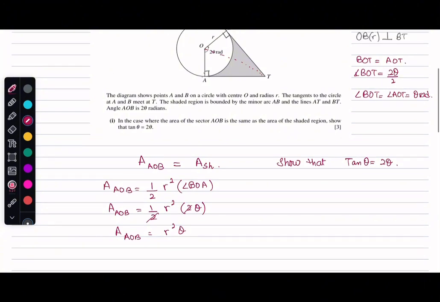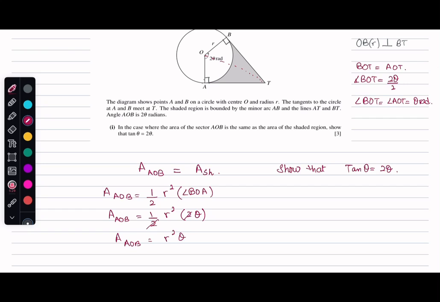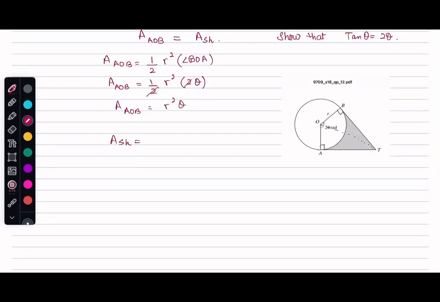The next thing is to find the area of the shaded region. So to get the area of the shaded region, I can say that this shaded region is actually equal to the area of AOBT minus the area of the sector AOB, which we have found as r square theta.